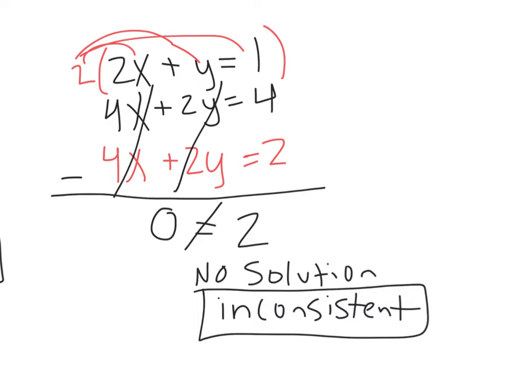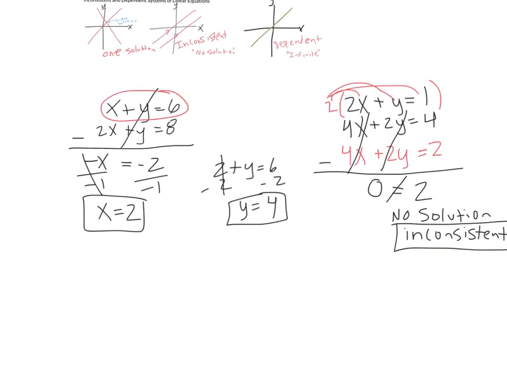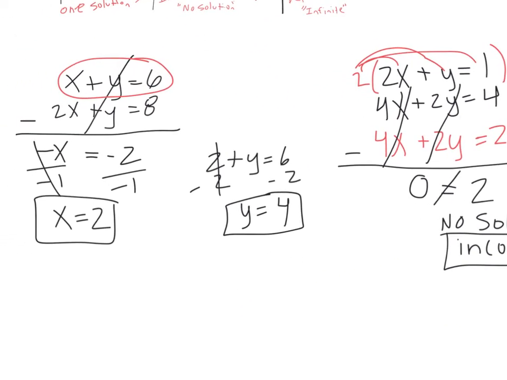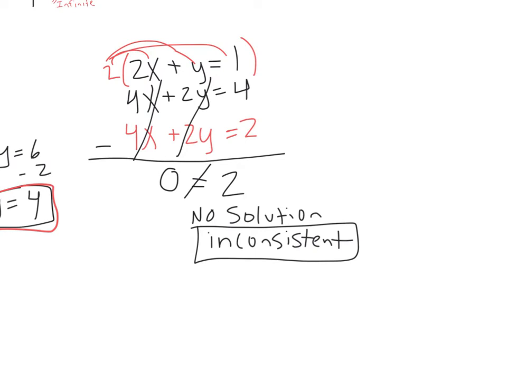And the reason we knew that, the reason that was different than the last one we did, is in the last one, we were able to get to a variable is equal to a number, and a variable is equal to a number. But in this case, we didn't have any variables left, and the statement that we were seeing here, 0 equals 2, is not true. 0 can never equal 2. So therefore, it's an inconsistent equation, and that's what you're looking for to know.